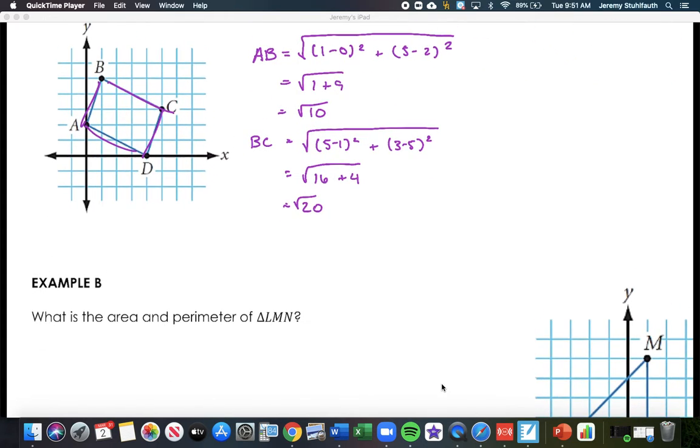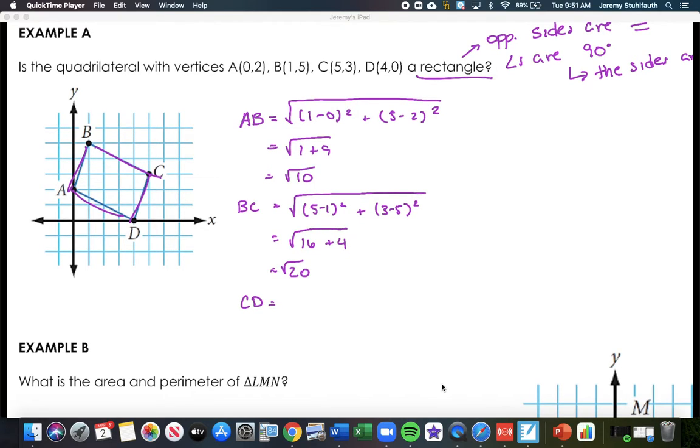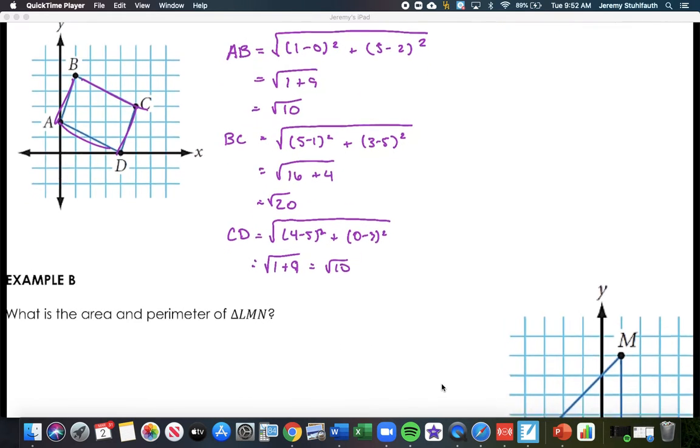Then we have to find the length of CD. CD has to come out congruent to AB, so CD better come out to be the square root of 10. We have the square root of 4 minus 5 squared plus 0 minus 3 squared. That gives us the square root of 1 plus 9, which is the square root of 10. So CD is congruent to AB, which is good.